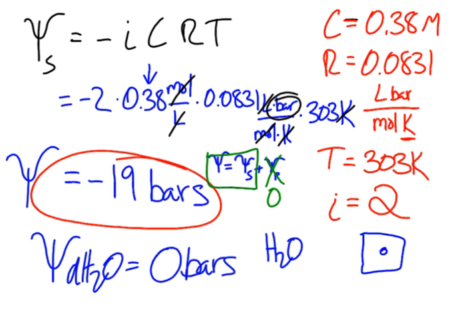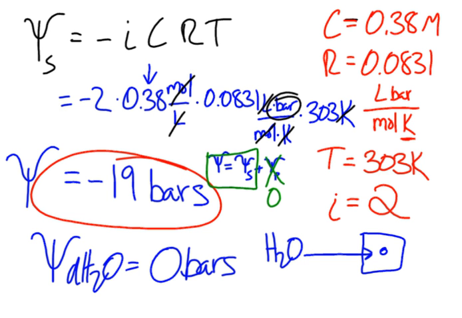Because it was a very low number, negative 19 bars for their water potential, that means water is going to have the tendency to flow into the carrot, which makes sense because when you put a carrot seed into the ground, the carrot seed is going to have a lower water potential than the soil. Therefore, the water from the soil is going to go into the carrot cell, and then, 66 days later or whatever, you get a carrot.